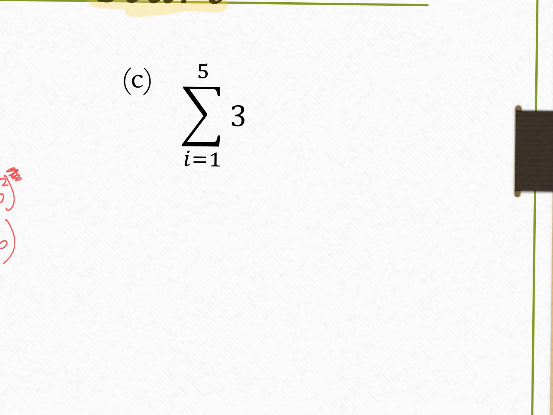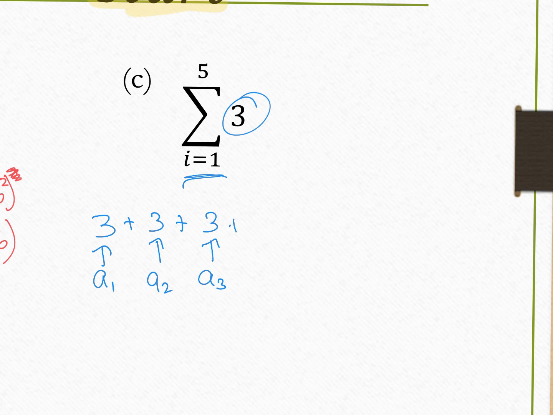Okay, and in letter C, notice this time we are going to start at 1, but there's no i with our sequence. So we're just going to write the 3 for 5 terms. So this represents the first term, plus 3. This represents the second term.